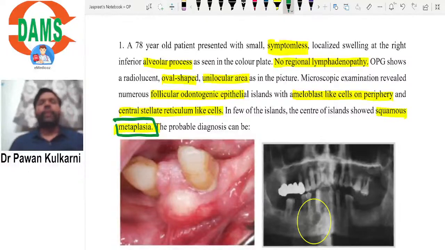Metaplasia means what? It is the conversion of one adult type of cell to another adult type of cell. Now the stellate reticulum cells have undergone metaplasia and started producing keratin.